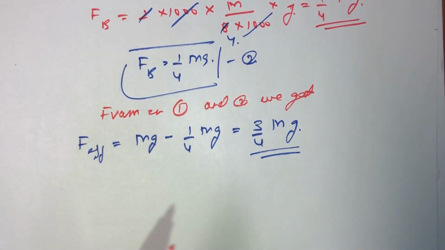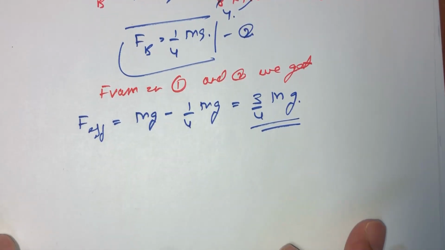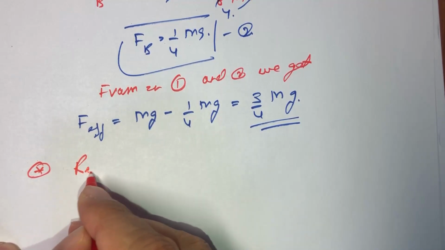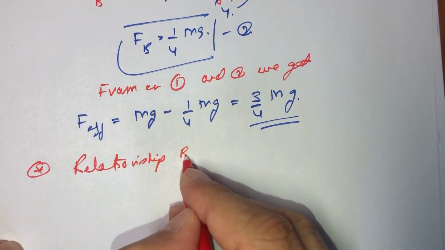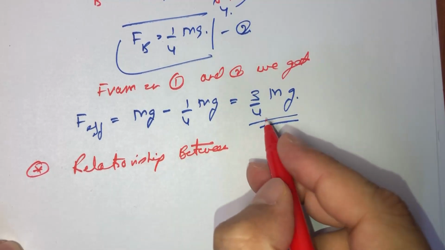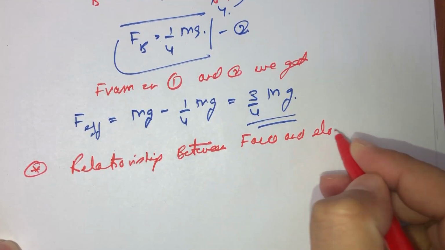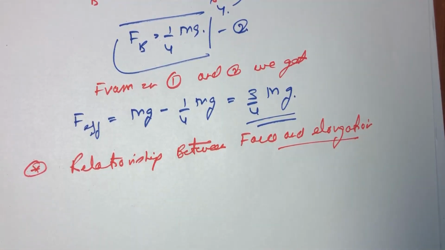Now let us find out the relationship between the force and the elongation. We also know from Young's modulus that the elongation of the wire is proportional to the force applied.